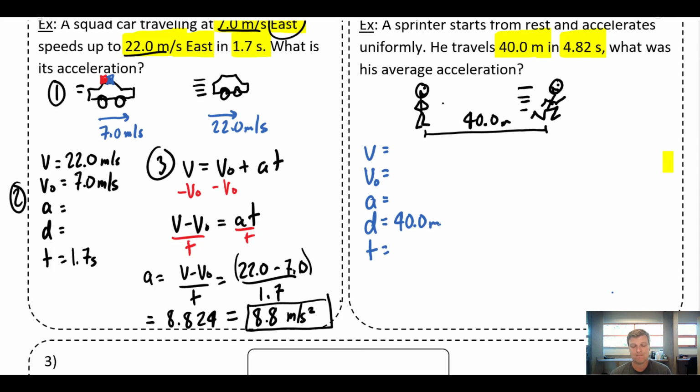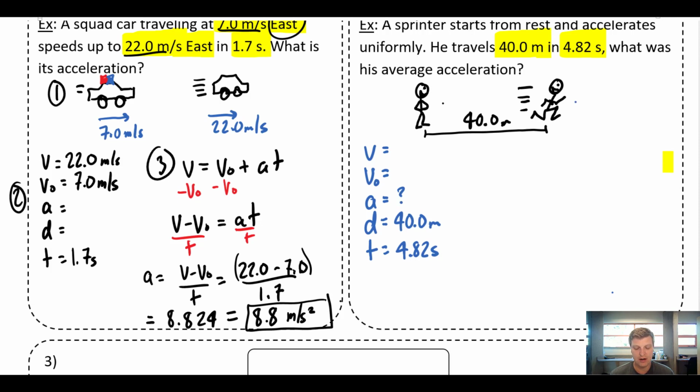Time was 4.82 seconds. Now here's the thing though, I'm looking for the acceleration. This is what I don't know. With these formulas, you always have to know at least 3 of the variables. If you know any 3 of the variables, you can always find the missing 2. Just about always.